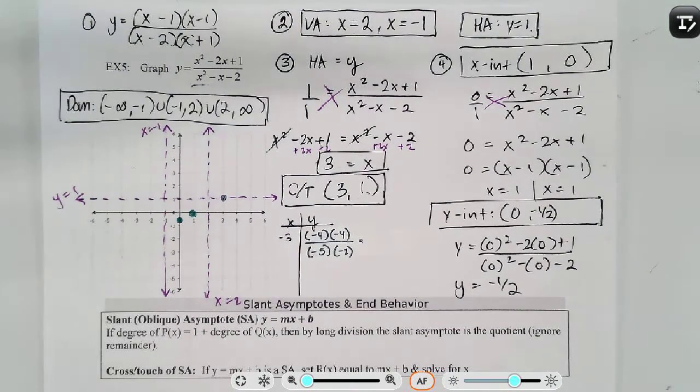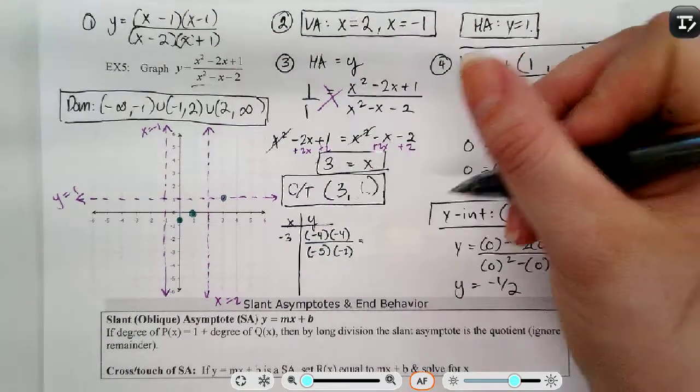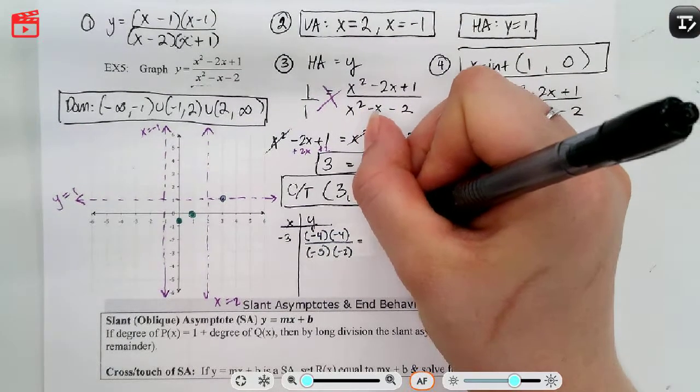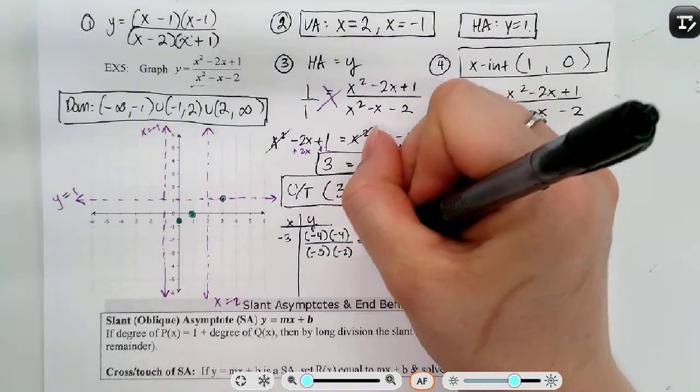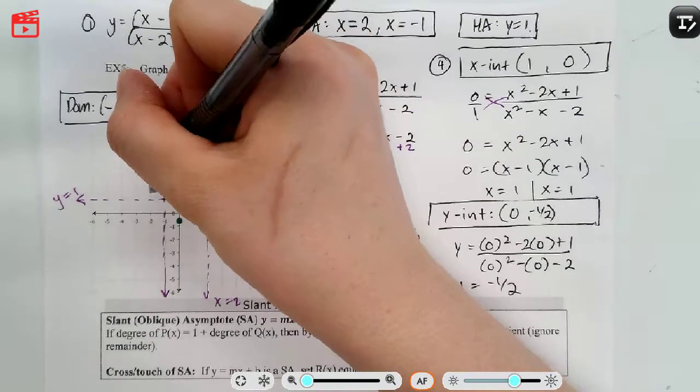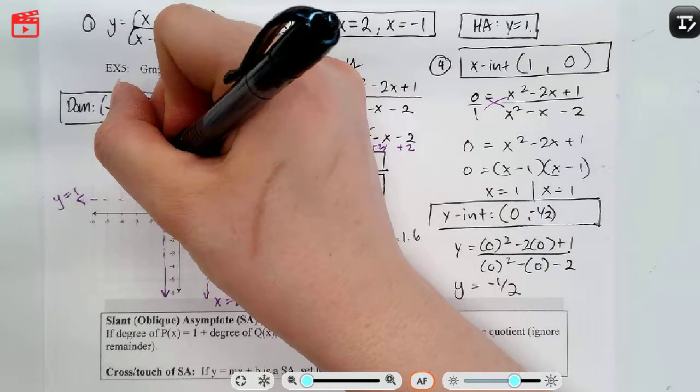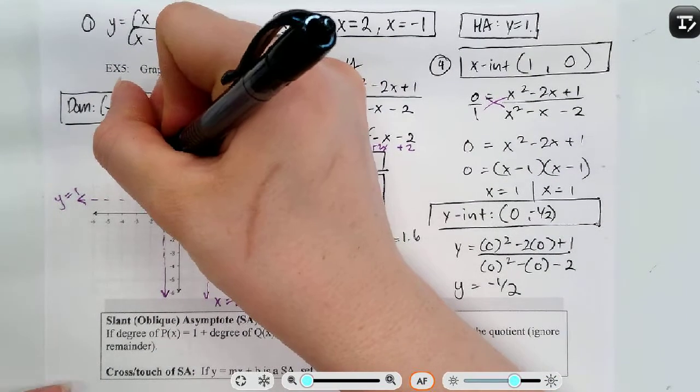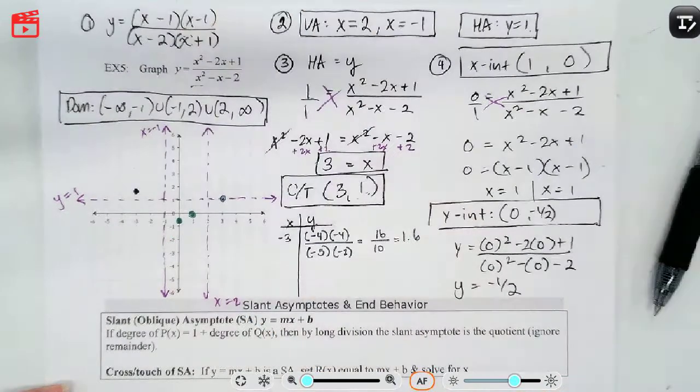Alright, so after plugging that in, those are the values we're going to get. So that'll be the 16 over 10, the positive 1.6. Very good. Okay, positive 1.6, -3. About there. Alrighty. Whew. Too much confusion.